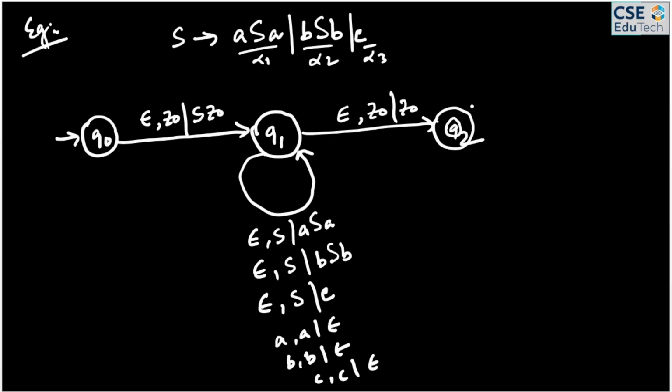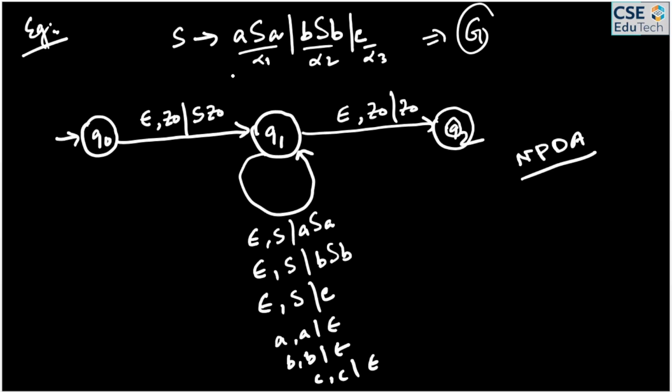Clear? Now this is the pushdown automaton. Obviously it is a non-deterministic pushdown automaton, an NPDA, and it is the corresponding pushdown automaton for the grammar G. Now we'll give a step-by-step process of how it accepts the language generated by this grammar.